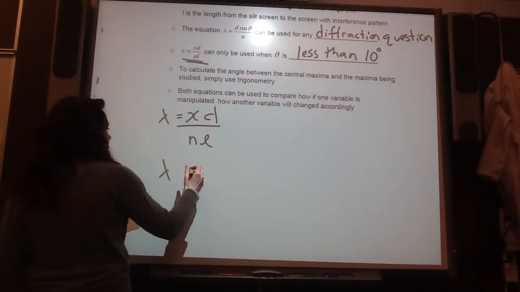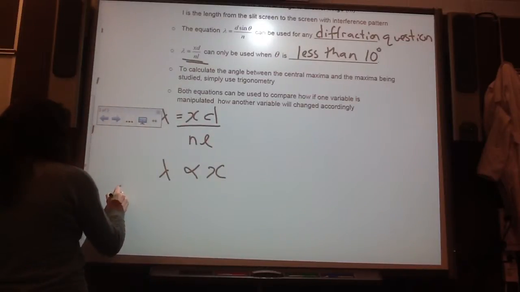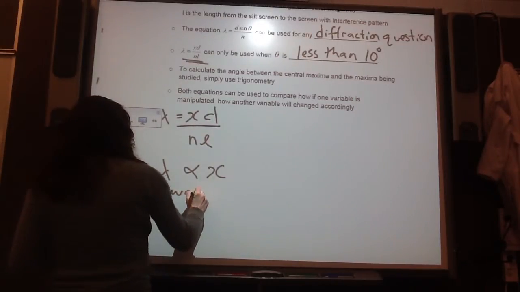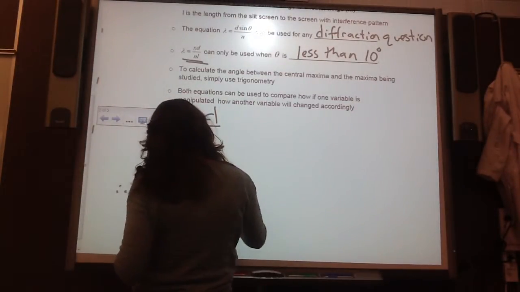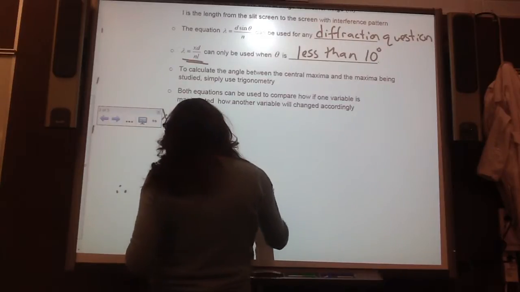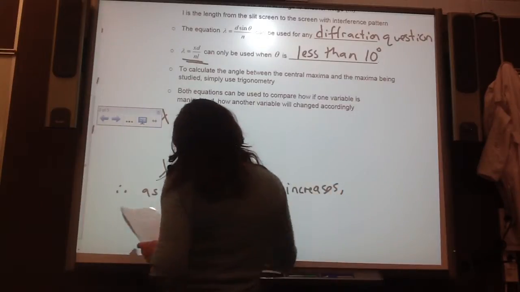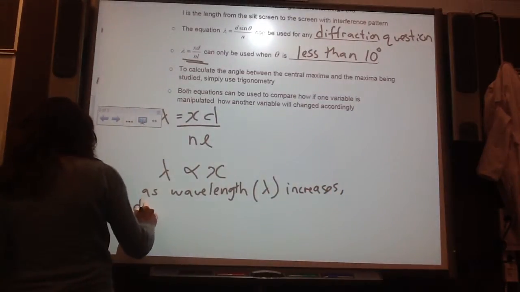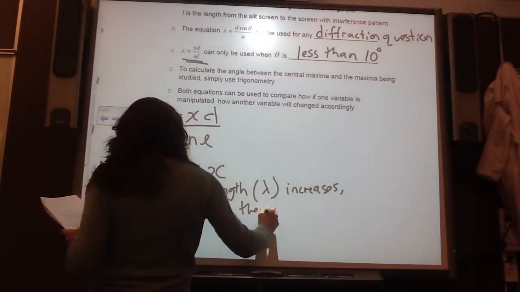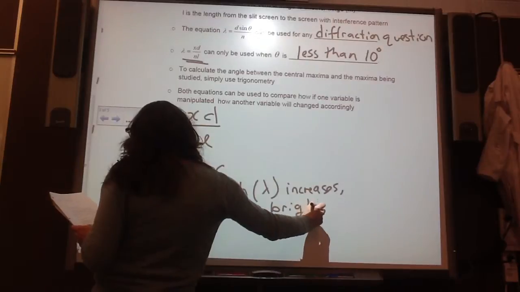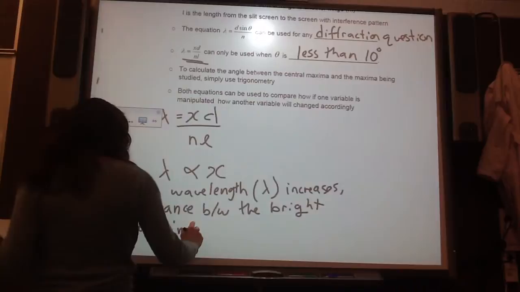We see here that lambda is proportional to x, so therefore, as wavelength lambda increases, the distance between the bright bands increases.